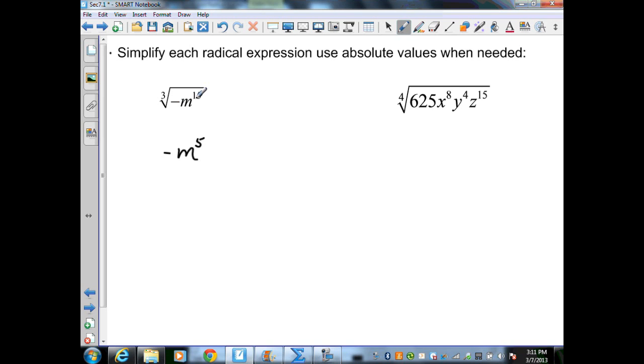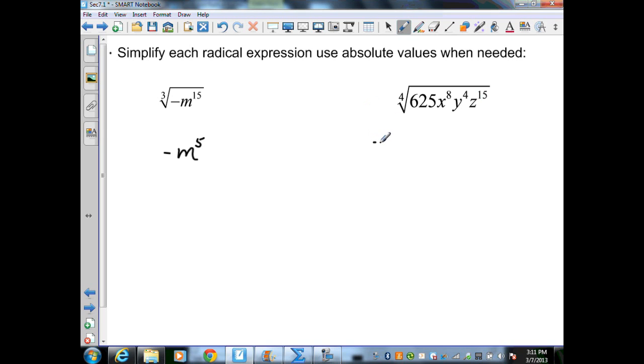Here I have the 4th root of 625 x to the 8th y to the 4th z to the 15th. I do have 625 as the real root being 5 for the 4th root of that. I can take the 4th root of x to the 8th and y to the 4th, but I need to simplify z to the 15th.